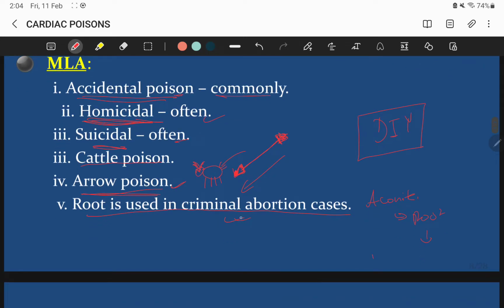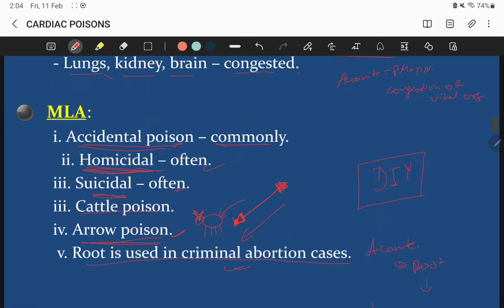And for criminal abortion, okay, if someone got pregnant, an unwanted pregnancy happened, and they can't get medical help for abortion, due to many causes, like no proper medical healthcare facilities, or the law of the country, or the stigma and taboo that revolves around abortion. So some people get desperate.